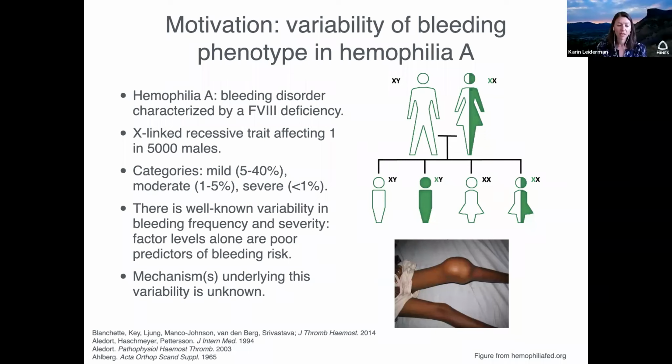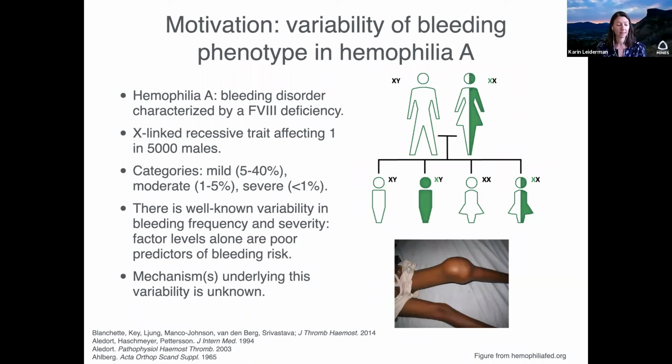So the main motivation for the work that I'm going to talk about today was to try to understand the well-known variability of bleeding phenotype in hemophilia A that results in factor levels alone being a poor predictor of bleeding risk. So interestingly, about 10% of patients with severe hemophilia rarely bleed, and the mechanisms underlying this phenotypic heterogeneity are currently unknown.